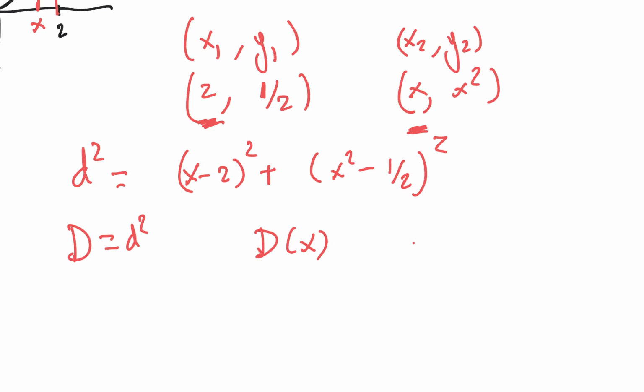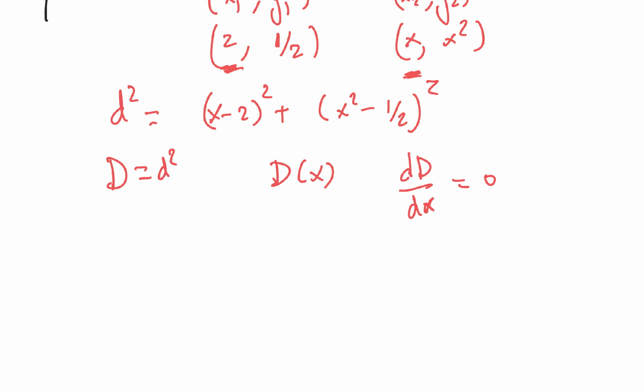If I find the derivative of d with respect to x and put it equal to 0, I will find the x that makes the distance minimum. So what is this derivative?